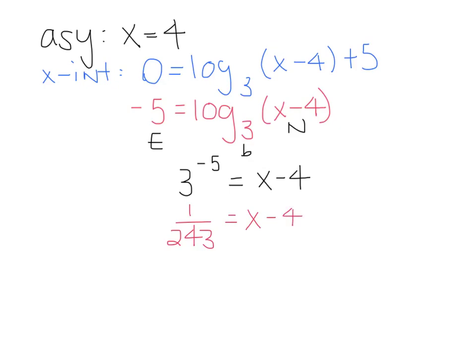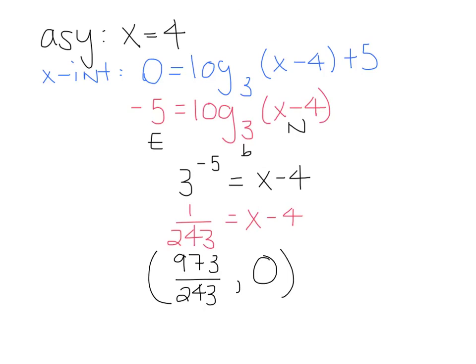And then to move the minus 4 to the other side, we add 4. You will have to multiply that 4 by 243 over 243, and that's going to give us an x-intercept of 973 over 243, comma, 0, because remember, it's an x-intercept.